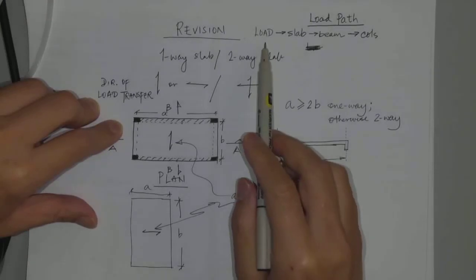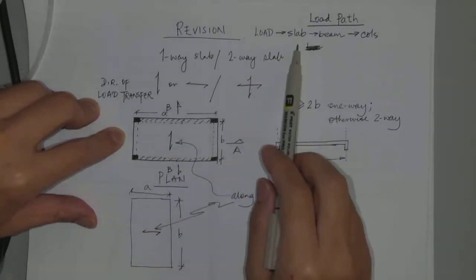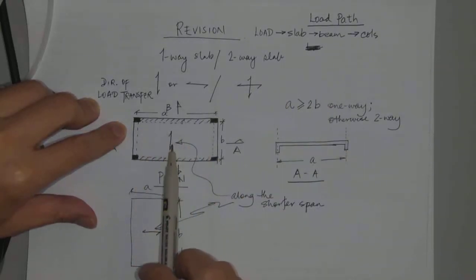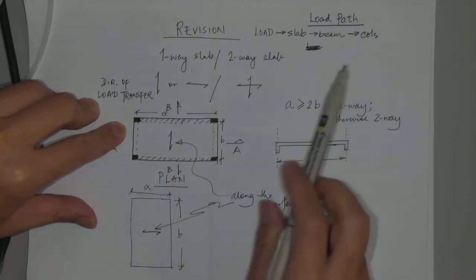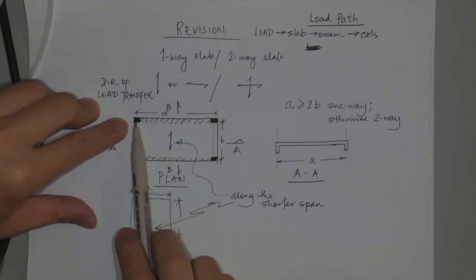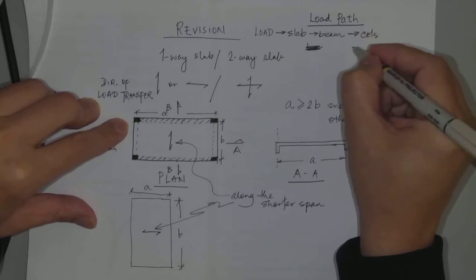Right, so all the loading on the slab, including its self-weight, will be transferred to the beams according to this direction. And then because the beam is supported by columns, the load is then transferred to the columns. And of course, you can continue this load path.